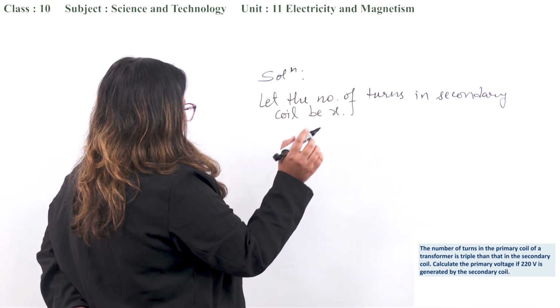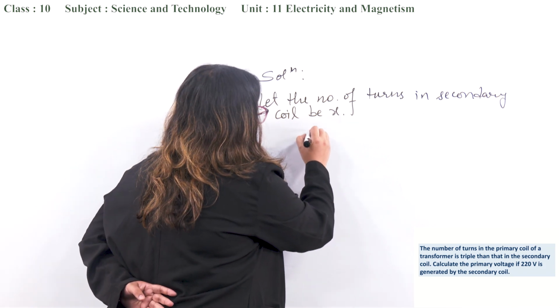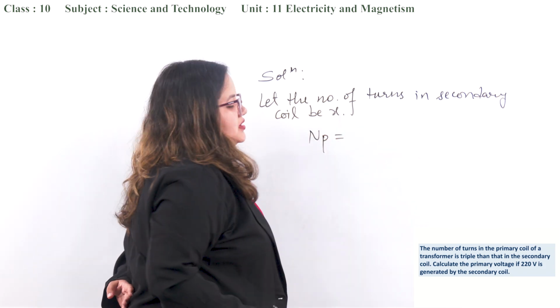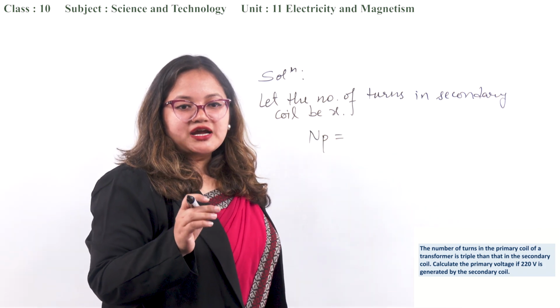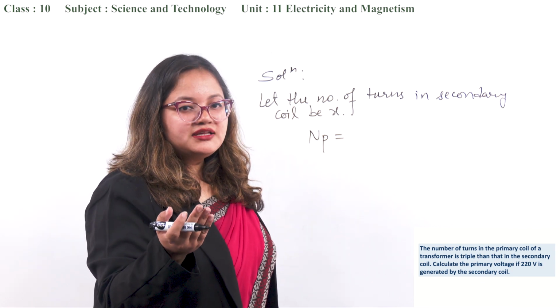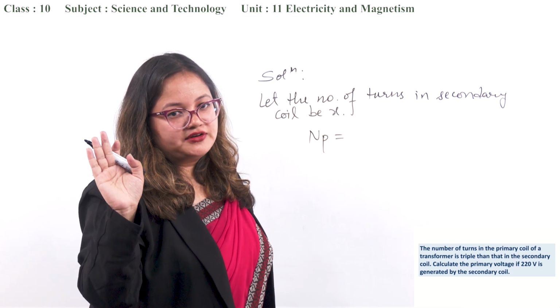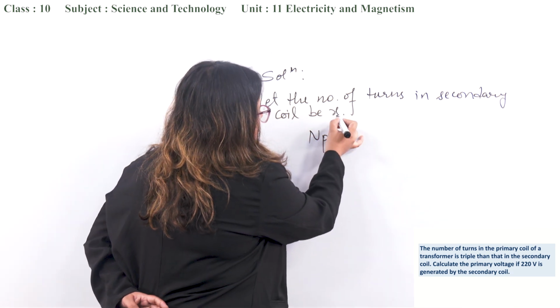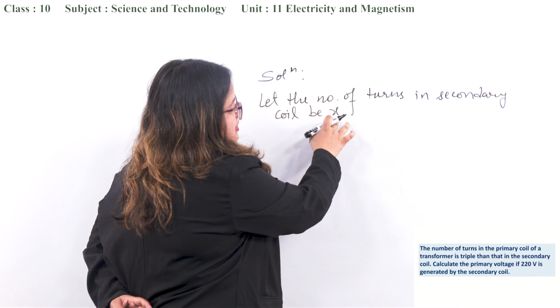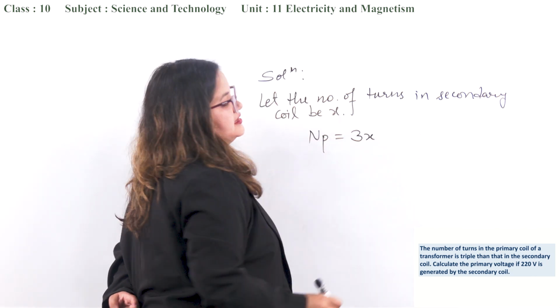The number of turns in primary coil, I am going to simply write as NP. The number of turns in primary coil is triple that in the secondary coil, meaning it is 3 times whatever the number of turns in the secondary coil. So if the number of turns in secondary coil is X, simply NP is 3X.